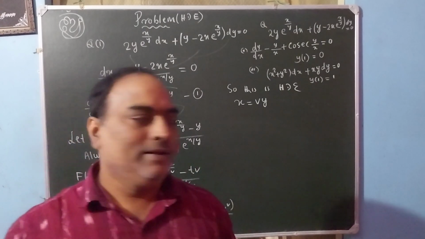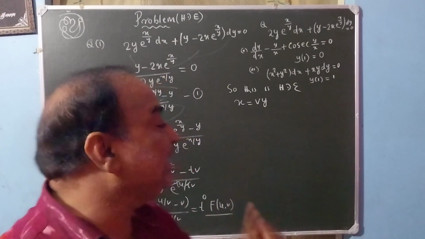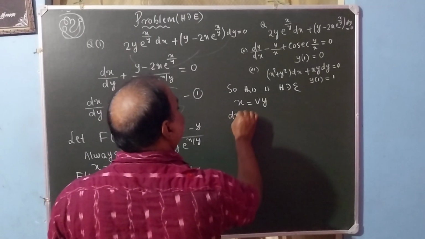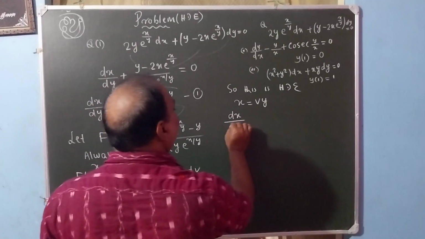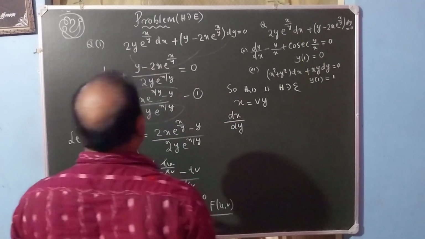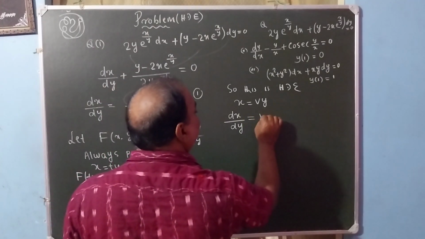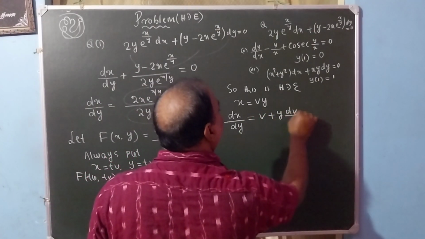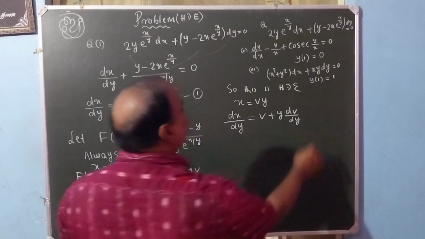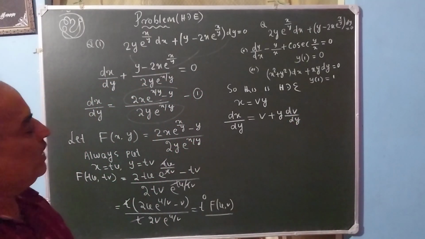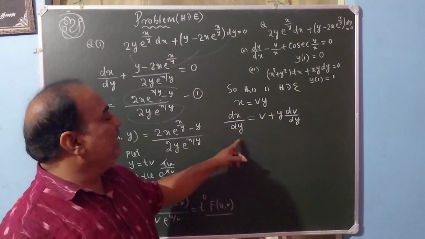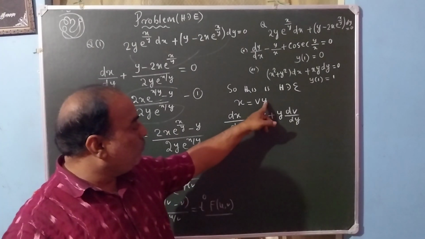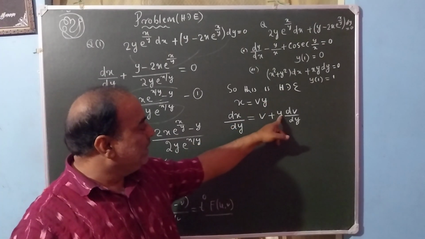Differentiating on both sides with respect to y, dx by dy is equal to v plus y dv by dy.